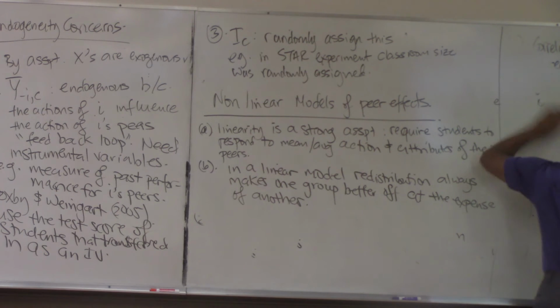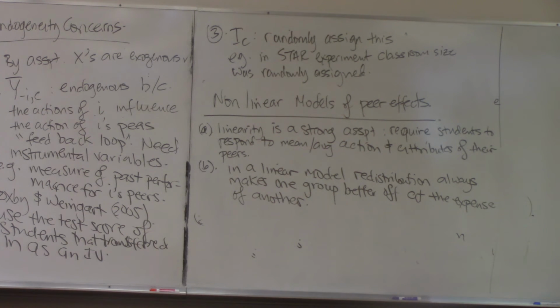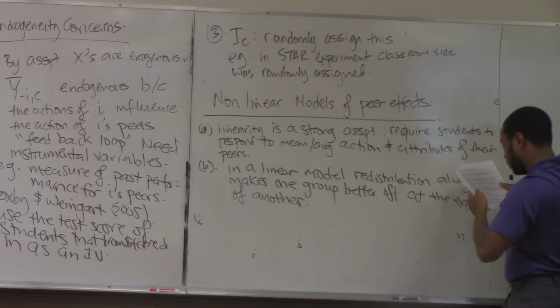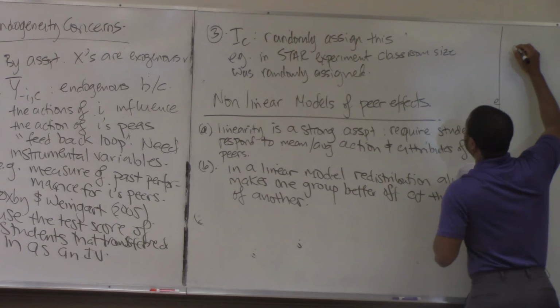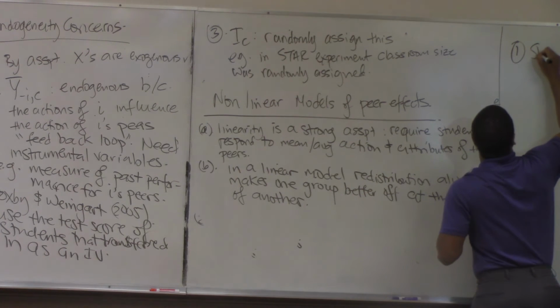I'm going to write over here. So what are some examples of nonlinear models? The first one is the shining light.